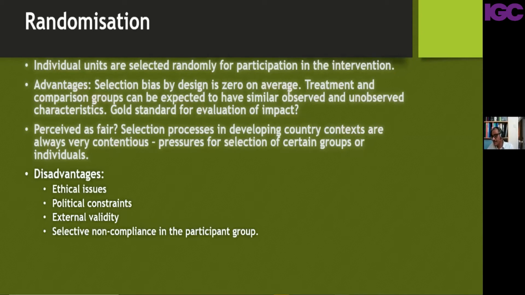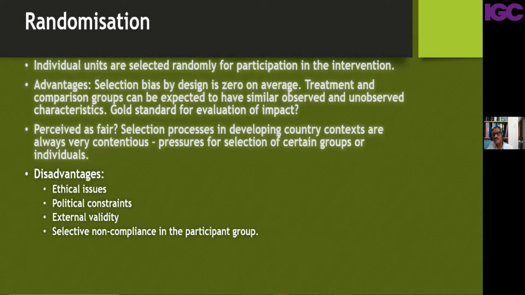But the most important constraints are really political constraints. It is very difficult to convince, particularly politicians, that randomization is an appropriate approach. I was once involved with a program for distribution of power tillers to small farmers in Kerala.